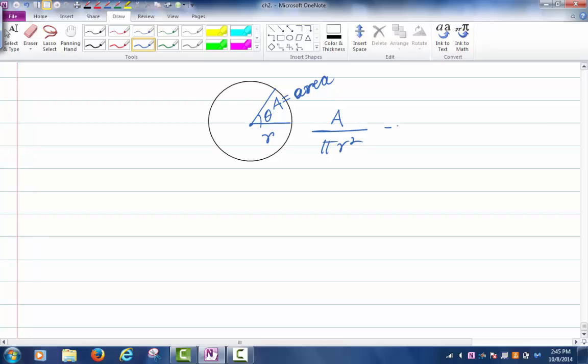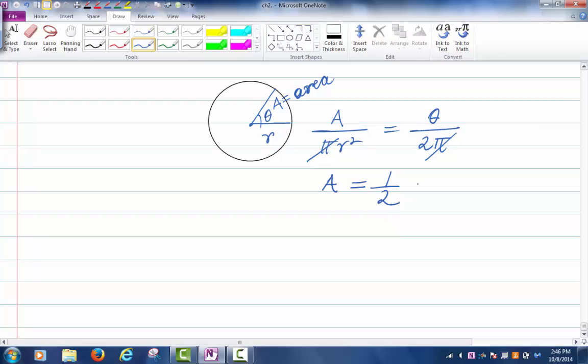Pi r squared. And that's going to be the same as what angle subtends the sector that I have. The angle theta subtends the sector that I have. And what angle subtends the entire sector? That's 2 pi. So if I solve for A, pi cancels out, right?